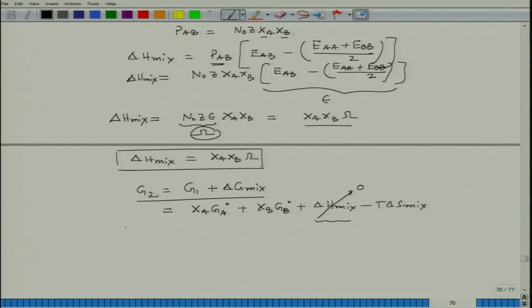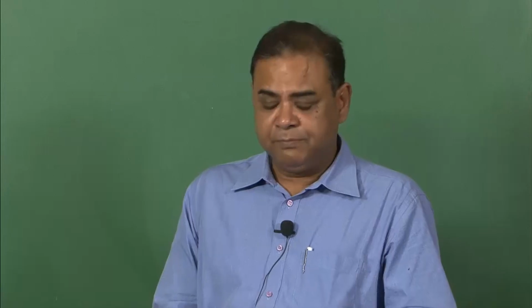Now, we can do a little bit of adjustment here: X_A G_A^0 plus X_B G_B^0. See, this superscript 0 is indicating the standard value, and every time this is indicating a particular phase when that pure metal is in that particular phase. Let us say if it is a solid.